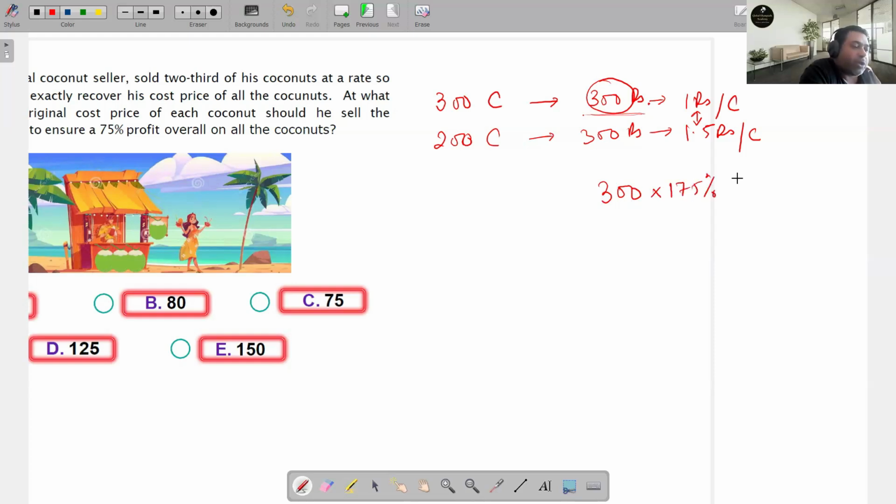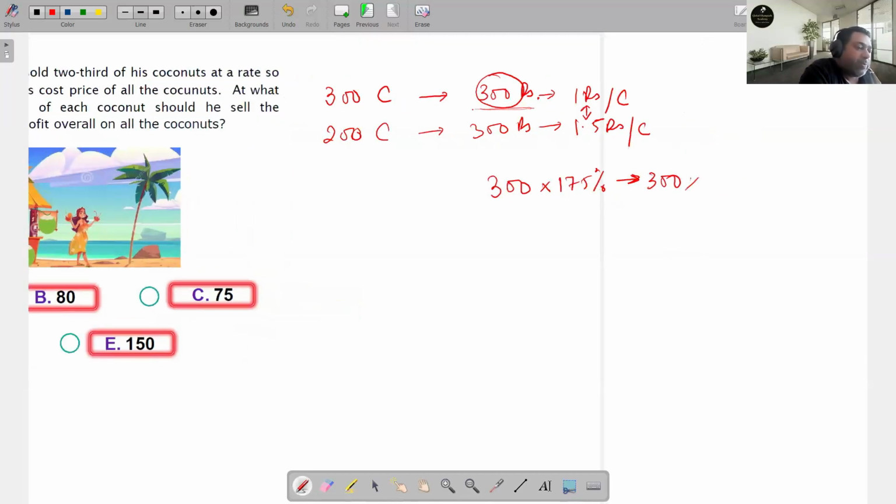And that should be my total selling cost of all the coconuts. So 300 multiplied by 175 by 100, and that gives us how much? 175 times 3 will give us 525 rupees.